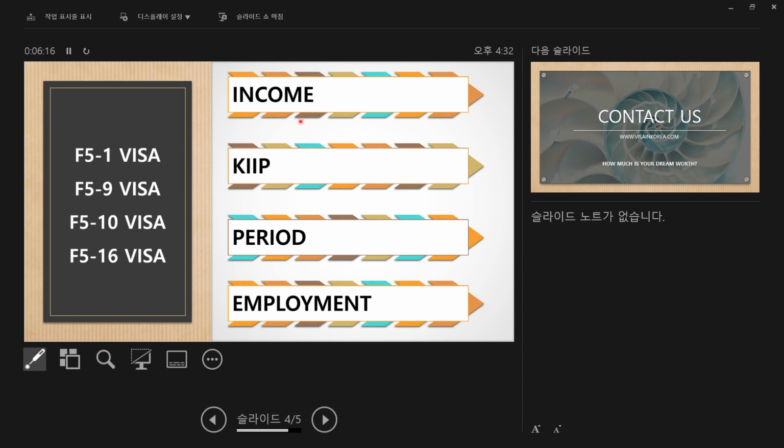So the income means your income certificate reflecting your last year's income. Based on your employment type, or if you are a business owner, you can submit an income certificate based on employment or comprehensive income.